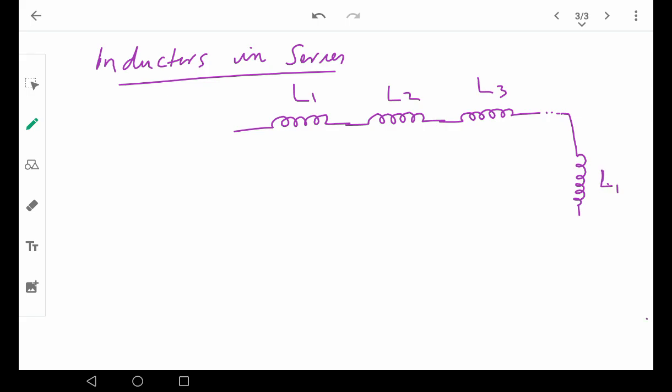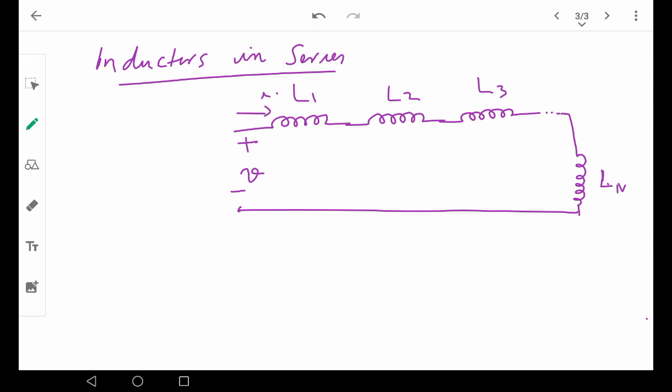You have a voltage plus or minus V here, and a current I going inside.